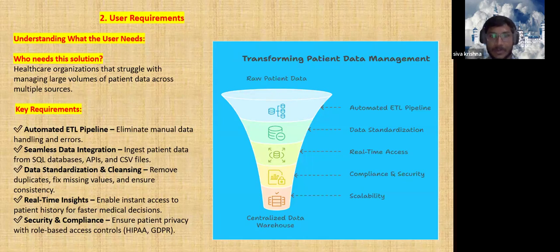All this process takes a lot of time and is very slow, it delays the whole process, and it is not accurate for the patient data. So my key requirement is an automated ETL pipeline, which helps users eliminate manual data handling and errors.